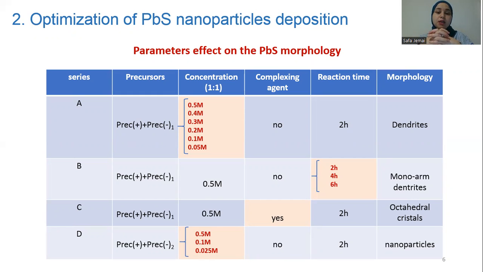In series C, we kept all the experimental conditions but added a complexing agent, and we got octahedral crystals. And finally, in series D, we changed the anionic precursor while decreasing the concentration from 0.5 molar to 0.025 molar, and we succeeded in synthesizing quasi-spherical nanoparticles.